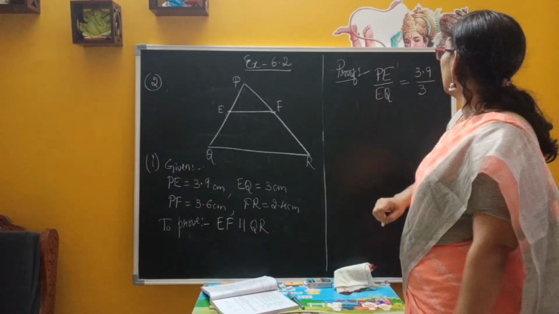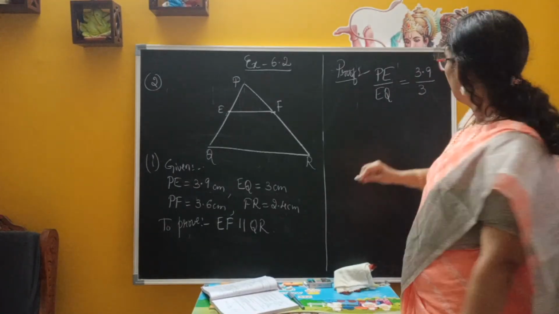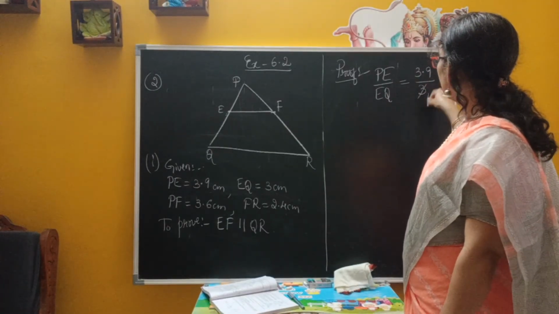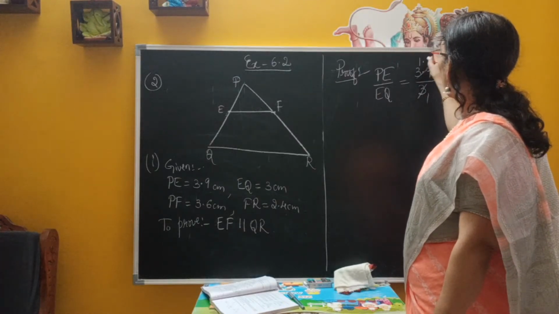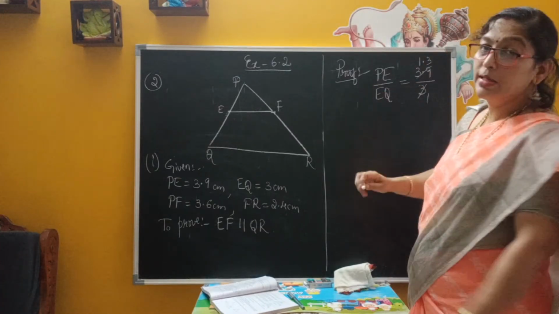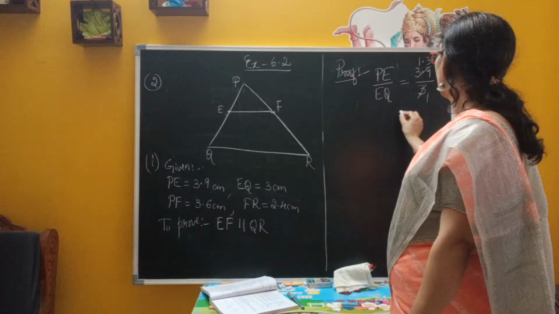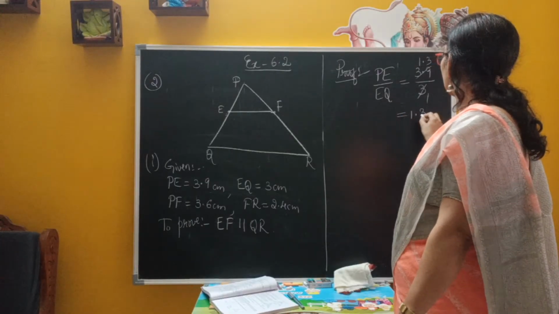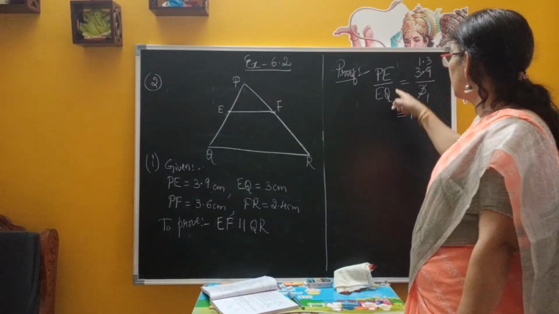So 3.9 by 3. Can we simplify this? 3 ones are 3, 3 threes are 9. So it is 1.3 by 1, or 1.3. That is the ratio of this.